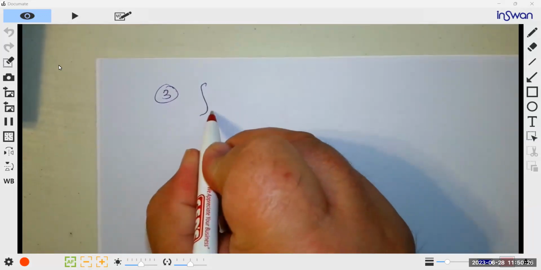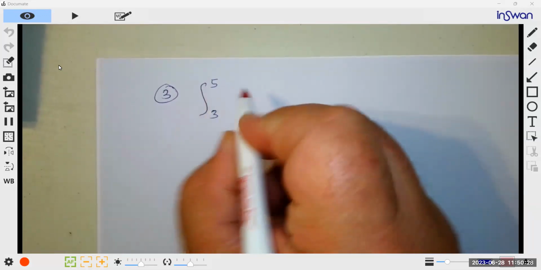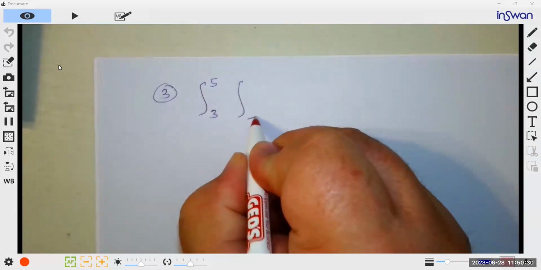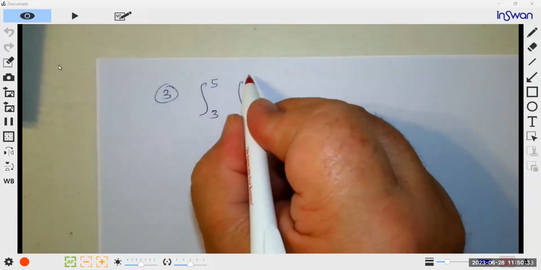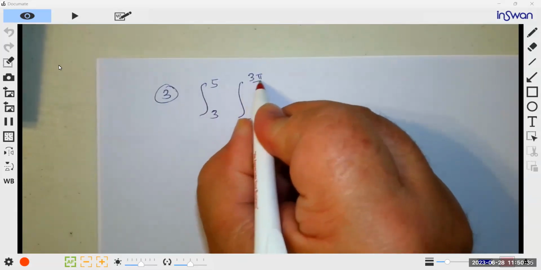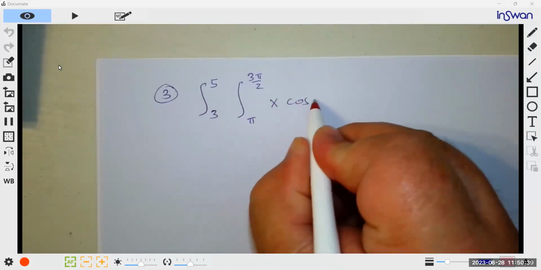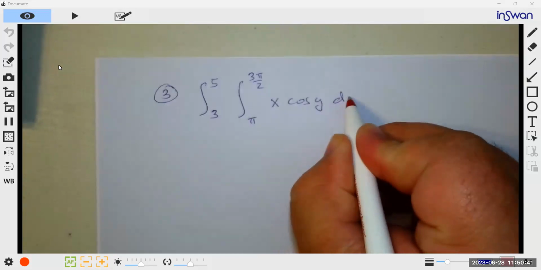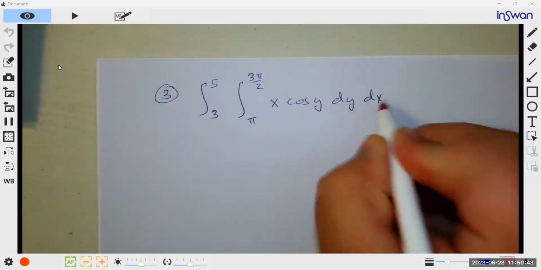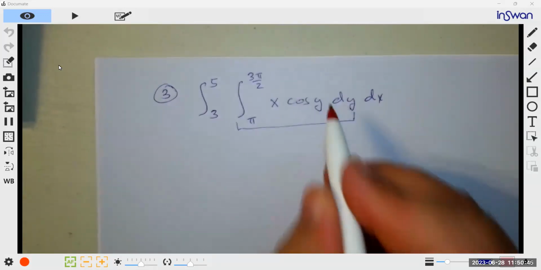We have from 3 to 5, from pi to 3 pi over 2, x cosine y dy dx. So this one is with respect to y first.